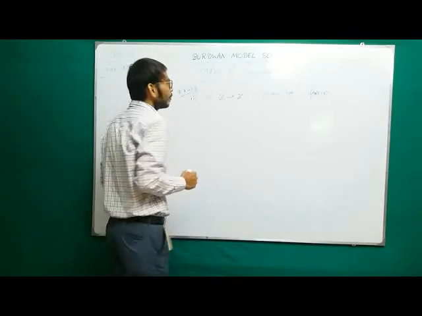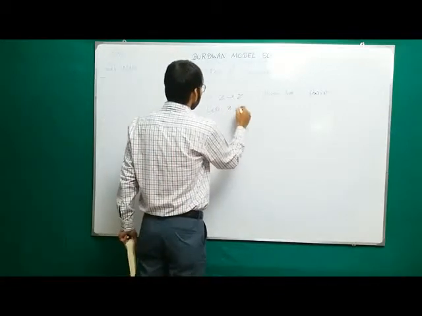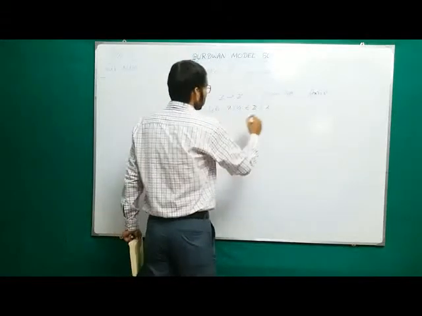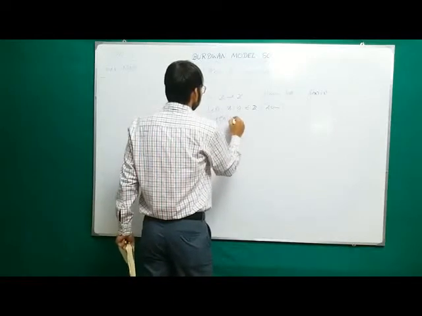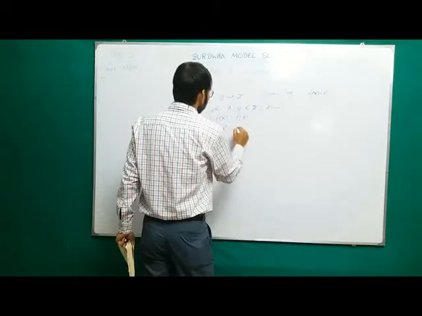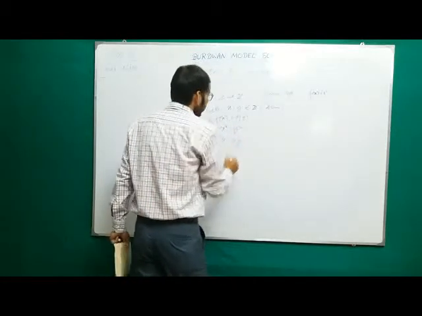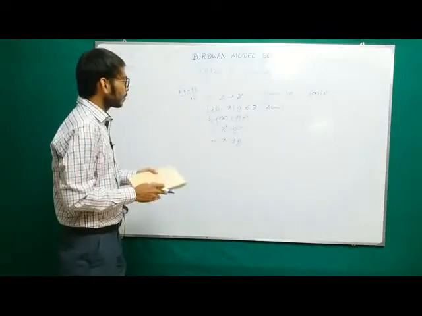Now, as we have done before, in a similar way, let x comma y belong to capital Z, the set of all integers, the domain, and f of x equals f of y, which implies x square equals y square, which implies x equals plus minus y.